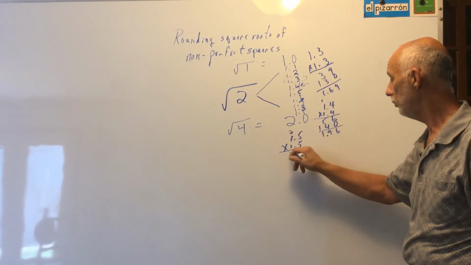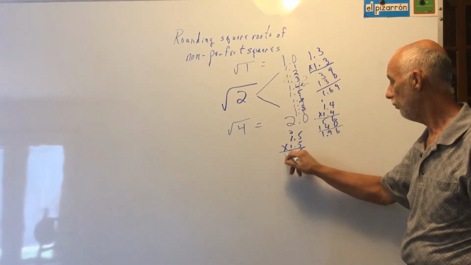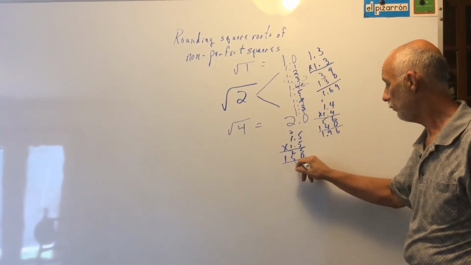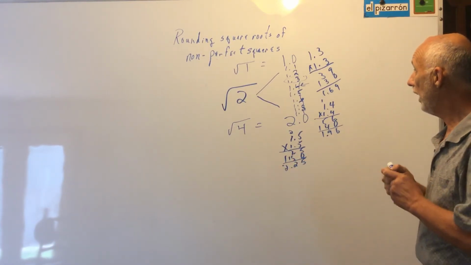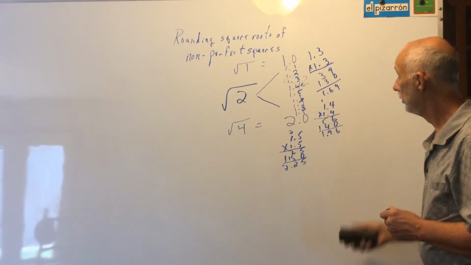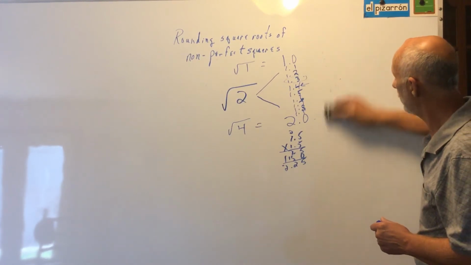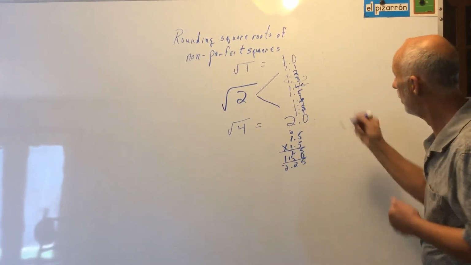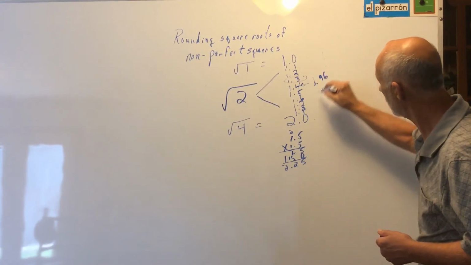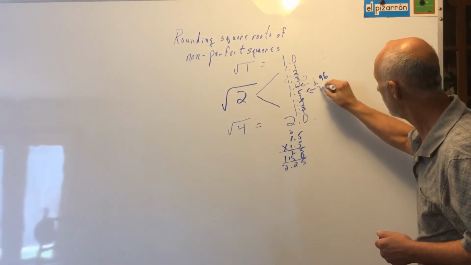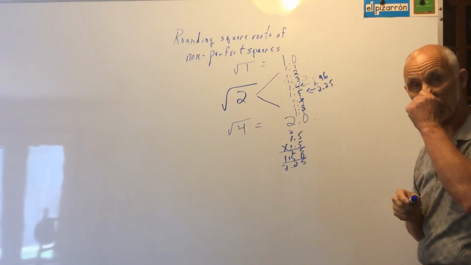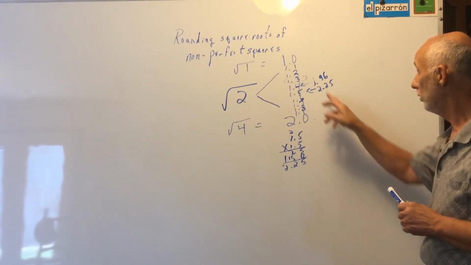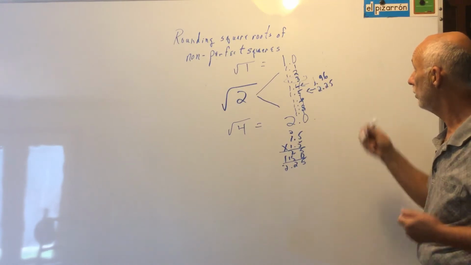You get 2 and 25/100. So now I've found the 2 that are closest to it: one that's too small, 1 and 96/100, and one that's too big, 2 and 25/100. And the question is, which one of those is closest? And the answer is 1 and 96/100.